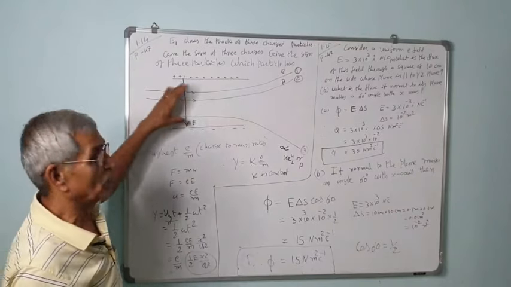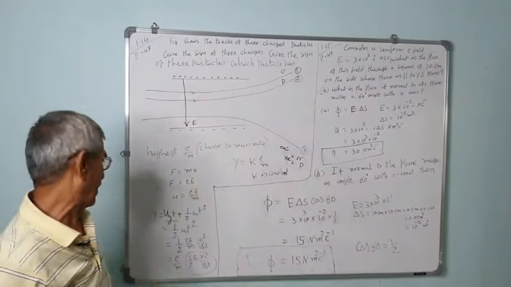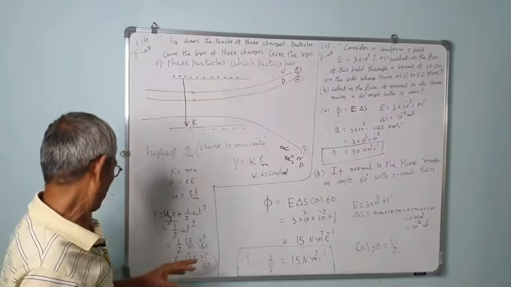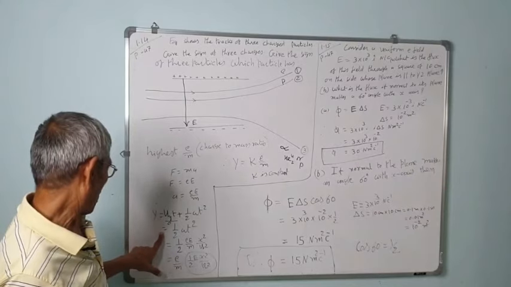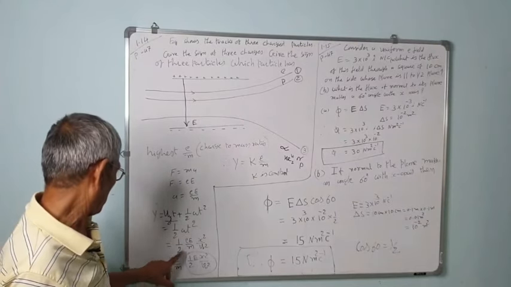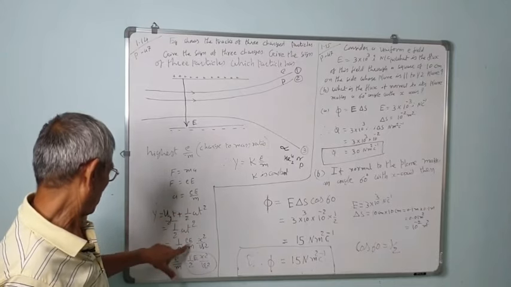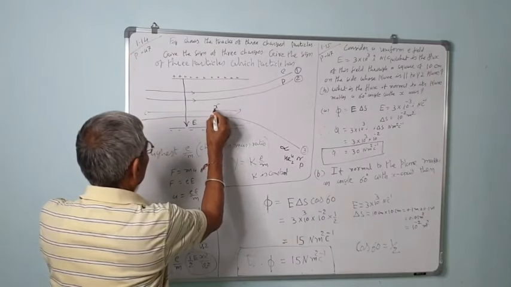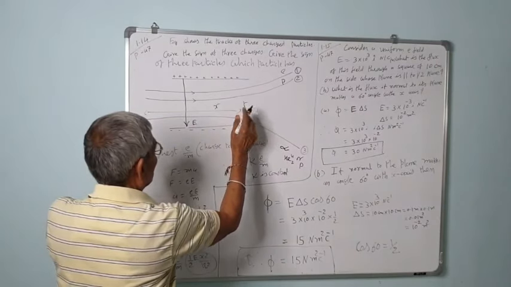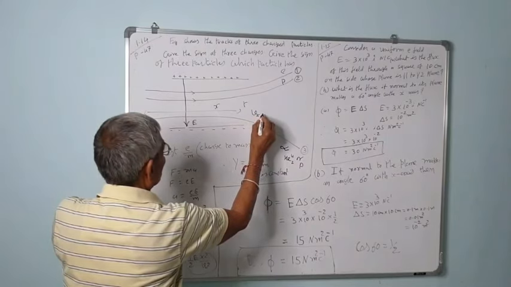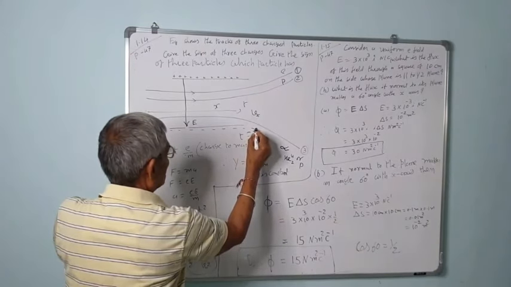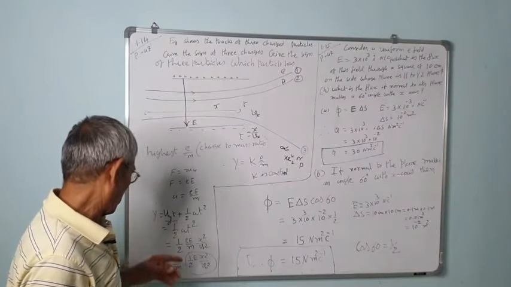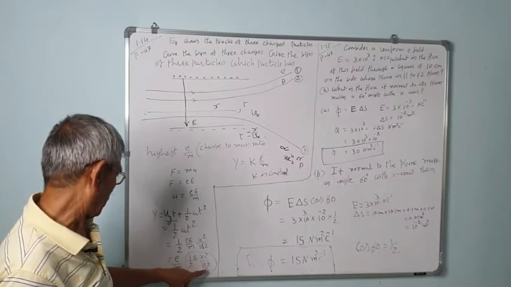It has a constant velocity u_x along the x axis, but 0 velocity along the y axis initially. It is projected with some initial velocity horizontally. So the deflection y along the y axis is given by half a t square. Here a is equal to qE upon m, and t: suppose it covers a distance x in the uniform field, and the time taken is t, the velocity is v_x, then t is equal to distance upon velocity, x upon v_0. So y is equal to half qE x square upon m v_0 square.